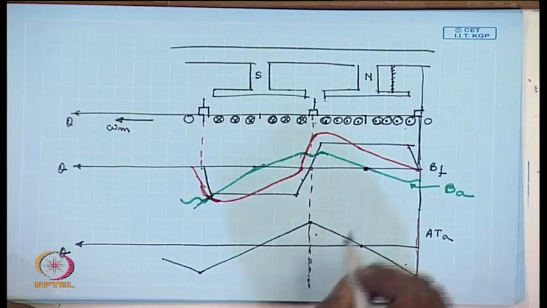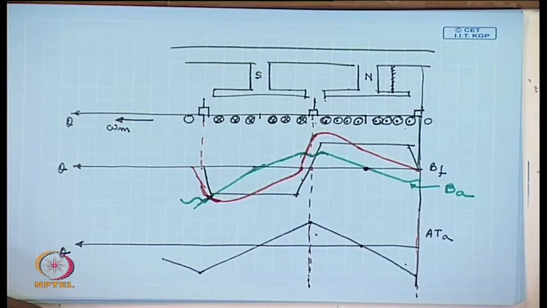Hence, if the field circuit is linear, that is, flux is proportional to the MMF, then there will be no change in the net flux per pole, hence the induced voltage will not change.